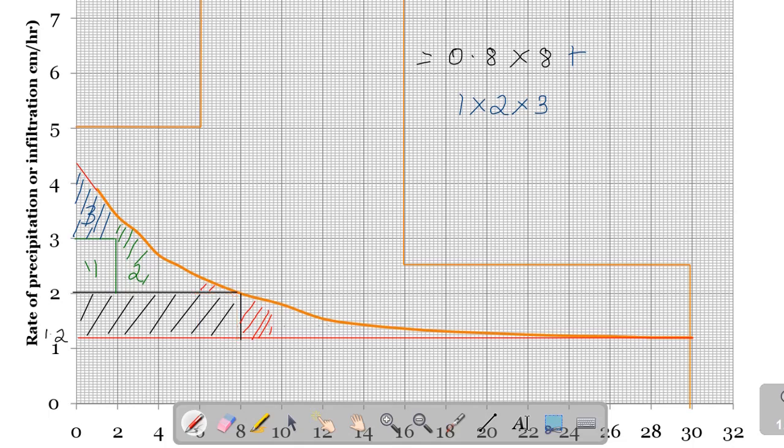Plus it is 0.8 into 2. Similarly, if I am considering this area plus this area, will get one more, another 0.8 into 2.